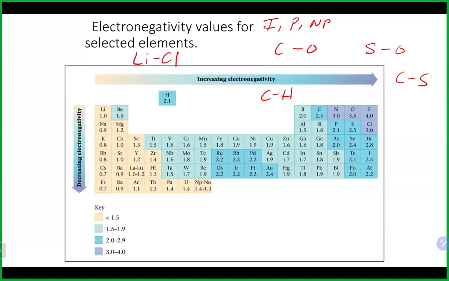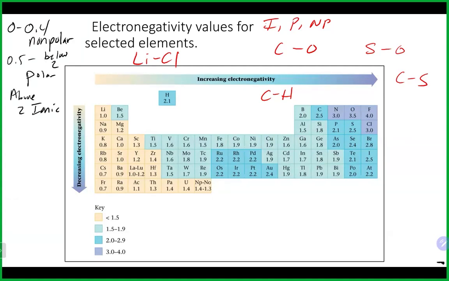Take a moment to calculate the difference in electronegativity and determine whether each of those bonds is ionic, polar, or nonpolar. If it is a polar bond, draw the dipole arrow pointing in the right direction.